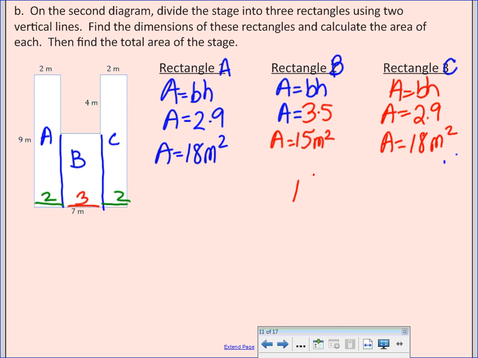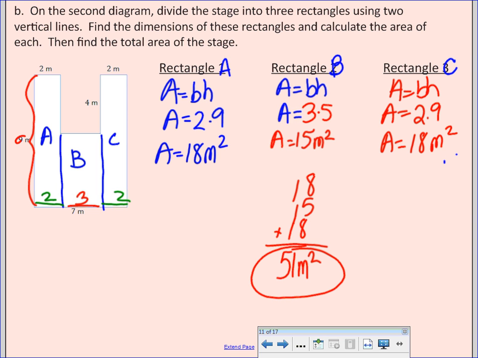So now I have to add my 3 areas together. Excellent question. I'm very happy that you asked that. Well, the whole height here is 9. I only need this part, right?